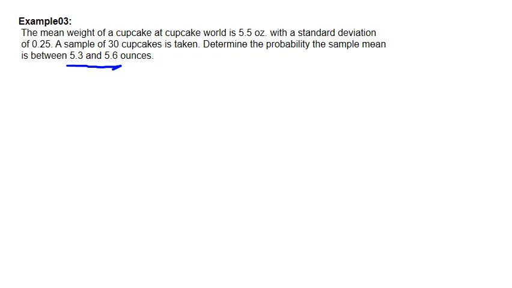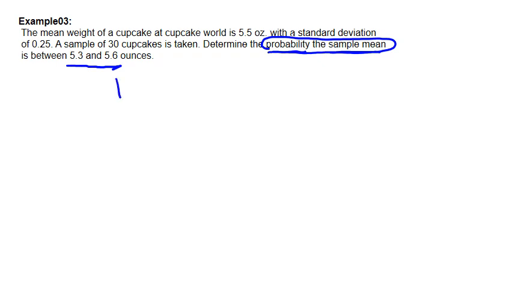Here we go. We're trying to determine the probability associated with the sample mean. We know we need to get to the table, and in order to get to the table, we're going to have to determine the mean and the standard deviation.